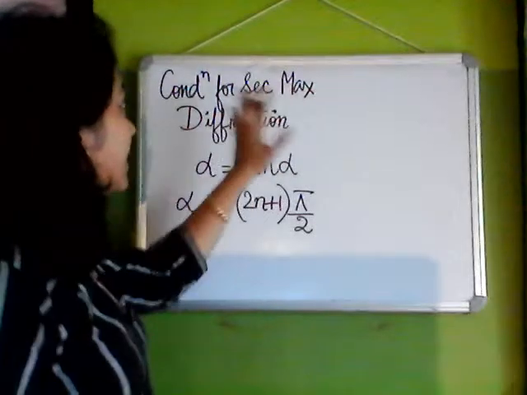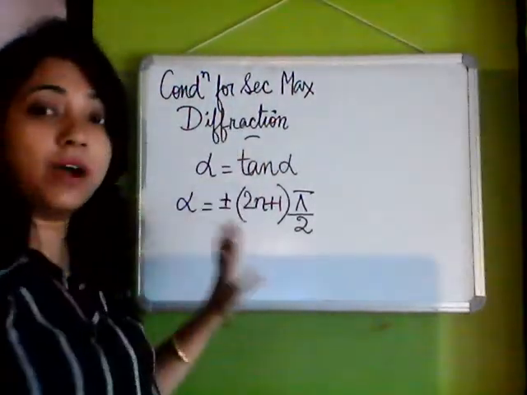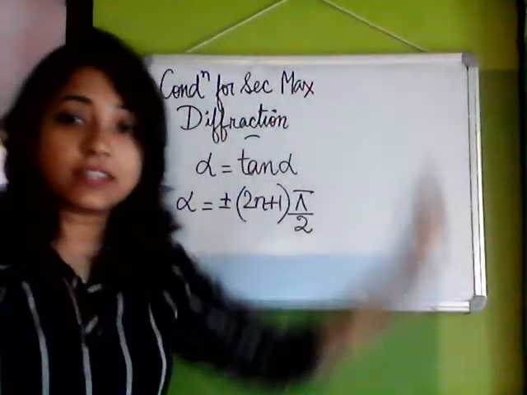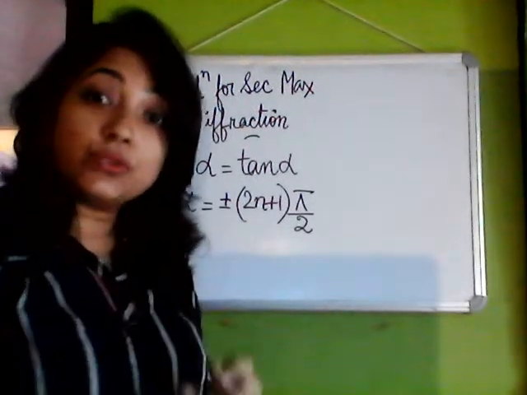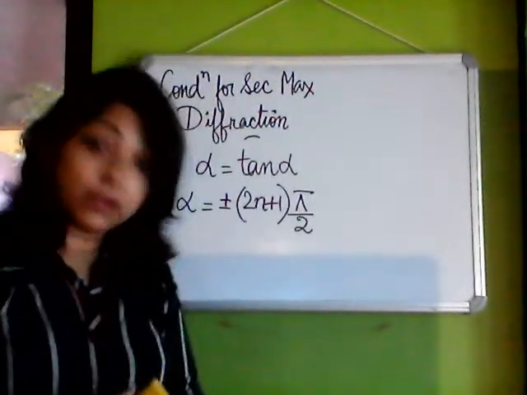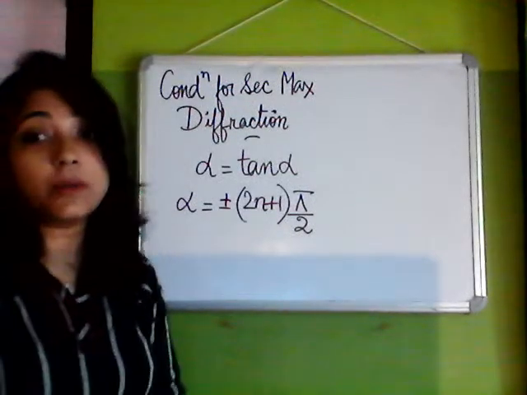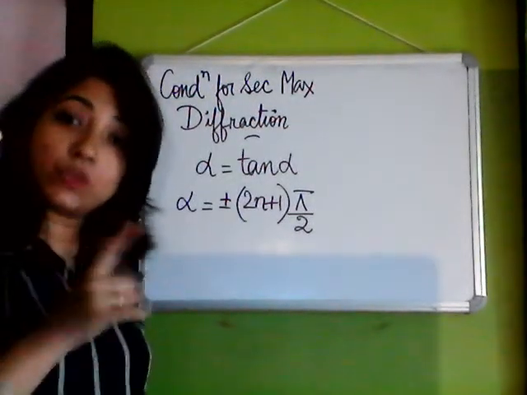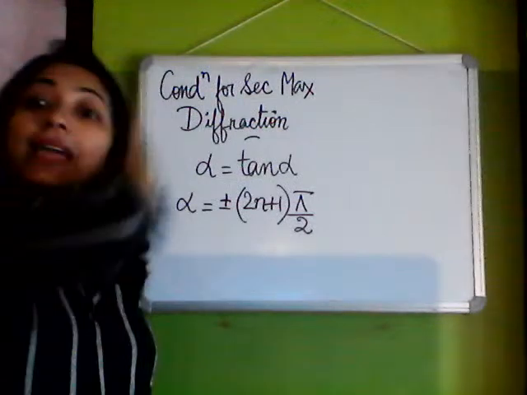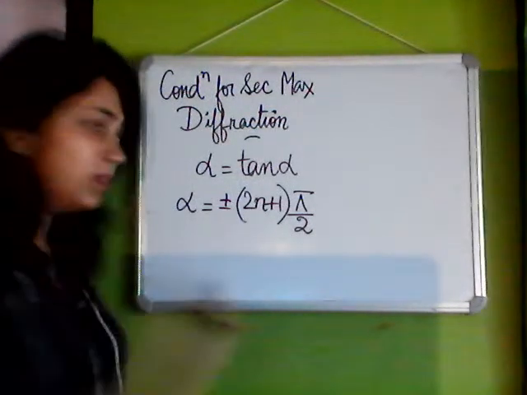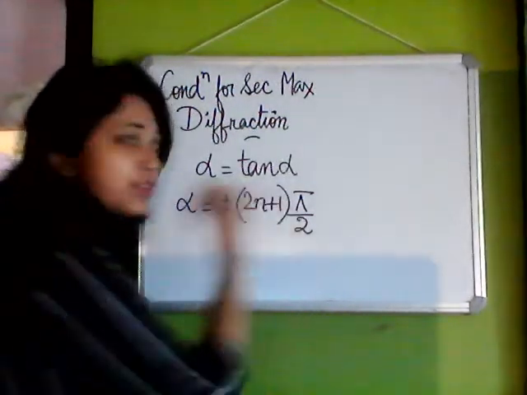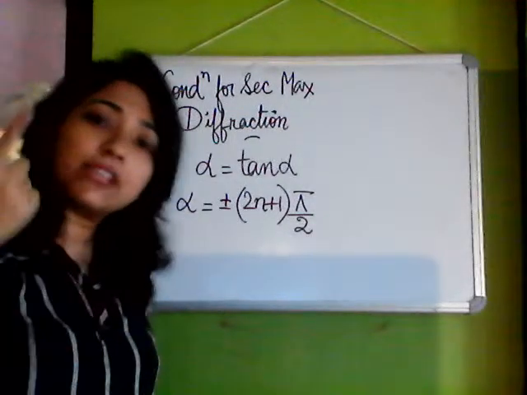So this is the condition for secondary maxima received on the screen caused due to diffraction. Now in this class, we are talking about diffraction from the slit S1 as well as the slit S2. So the same condition is going to be followed in case of slit S1 and slit S2.